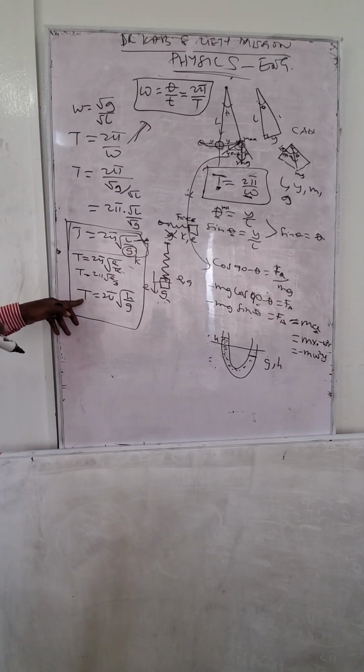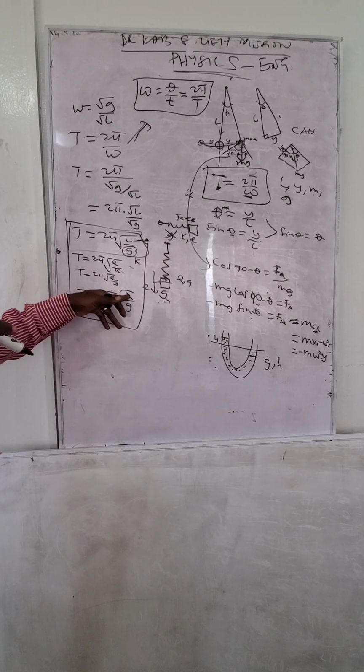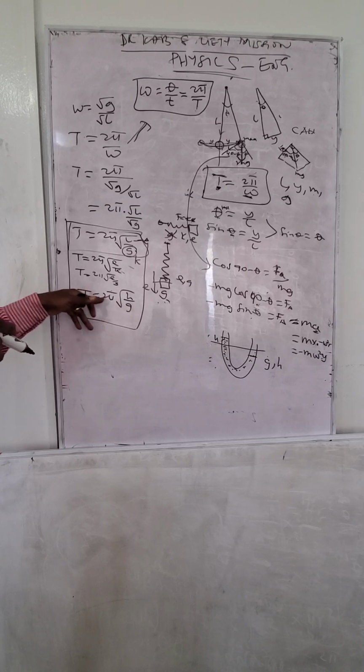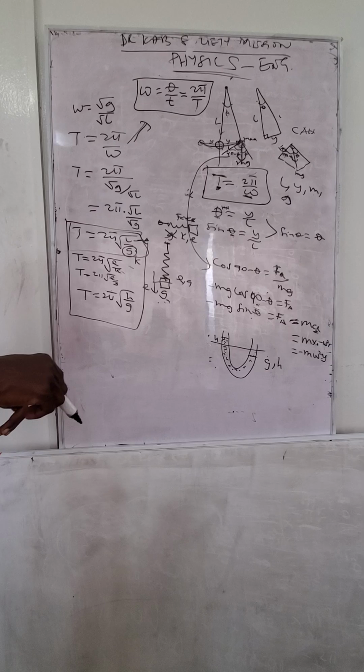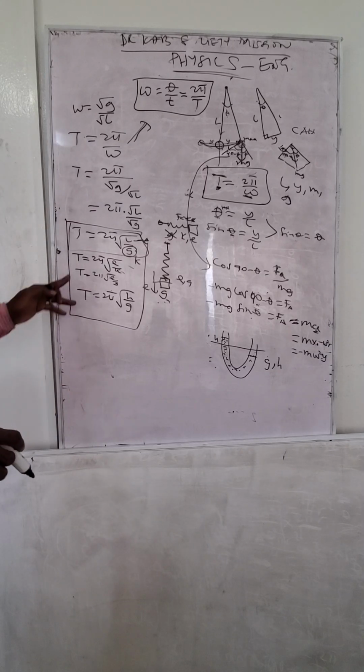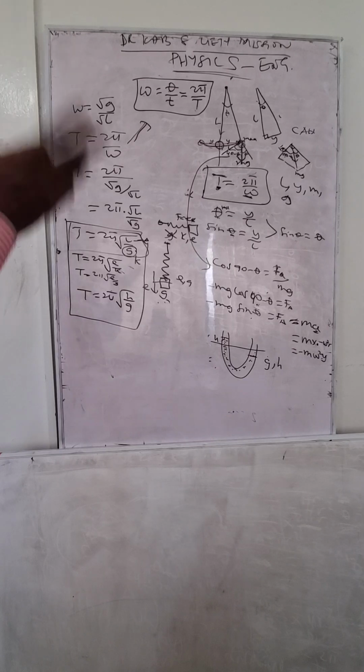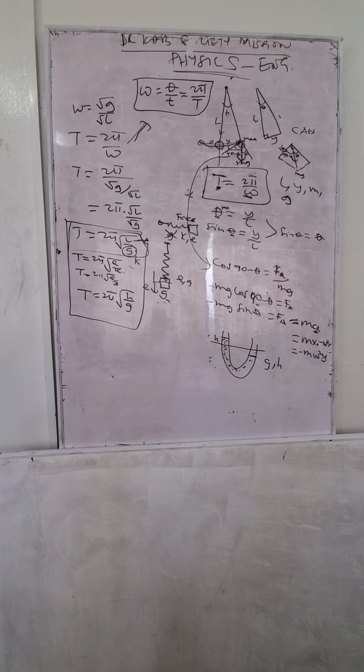Then the time is the same as the period, so you can substitute h and g into 2π√(h/g) and find the time. The time is T, the time for one complete turn to move and then come back to where you started. Okay, that's the period, right? So I think this makes the whole thing very simple. This is quite simple and straight to the point.